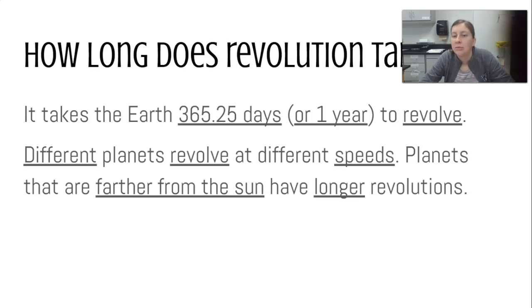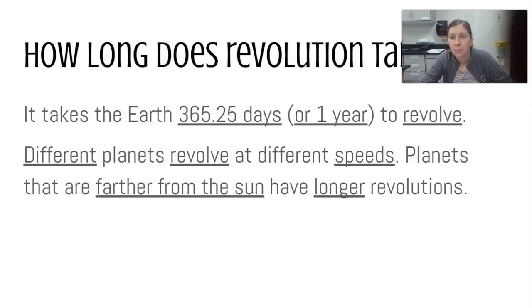Different planets revolve at different speeds. Planets that are farther away from the sun have a longer revolution. Think about if you were moving in circles and you were just a few feet from the object, it wouldn't take you very long. But if you were 20 feet from the object and you were staying that far away the whole time, it would just be a longer lap.